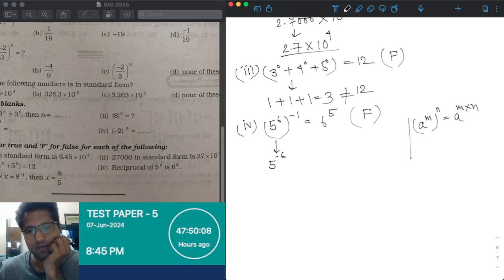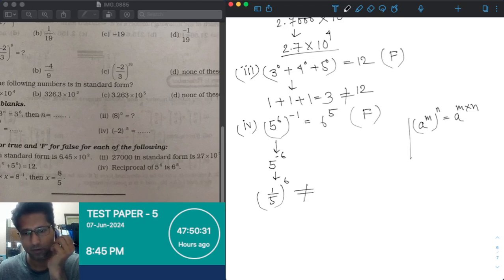So the reciprocal of 5 to the power 6 is 5 to the power 6, whole, again raised to the power minus 1. Now if we multiply 6 and minus 1, it is minus 6. This is minus 6, and we know that this is 1 by 5 raised to the power 6. So this is definitely not equal to 6 to the power 5.